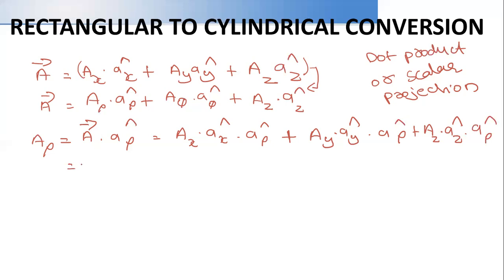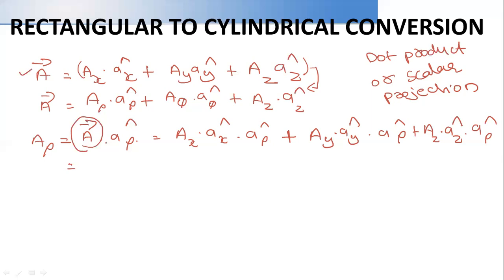Okay, okay. So this vector A is equal to this vector, and that vector we are taking dot product with a rho. Vector A dot product with a rho. Okay, a rho is a unit vector.